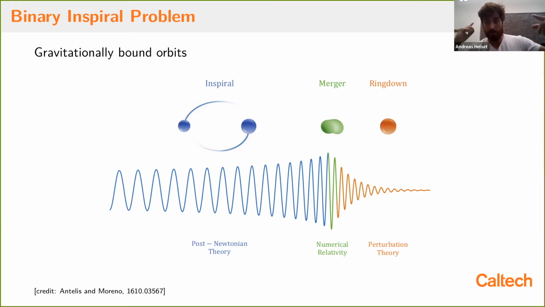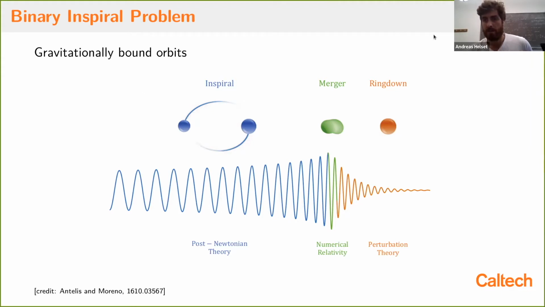As they're moving around, they emit some gravitational radiation, and the size of their orbits will gradually shrink. At some point they will hit a phase where they merge, and then eventually settle down into a new equilibrium as a one-body object through a ringdown phase.